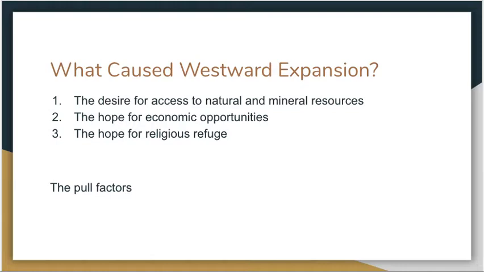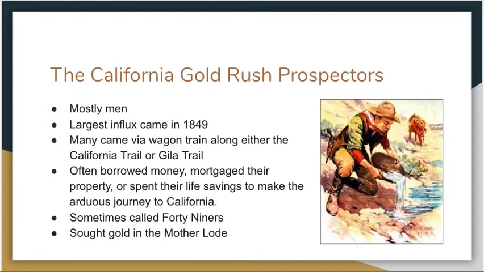And a good example of the first pull factor mentioned on this slide, or to put it another way, a good example of those who moved westward in search of natural and mineral resources were those who history calls, and I'm sure you can guess it, the California Gold Rush prospectors, with more than 300,000 of them having migrated to the state in less than 10 years, and with the largest number having arrived in 1849, hence the reason why these prospectors are often simply referred to as the 49ers.